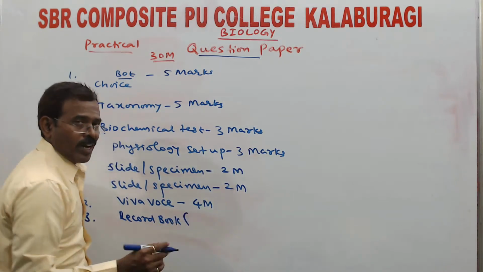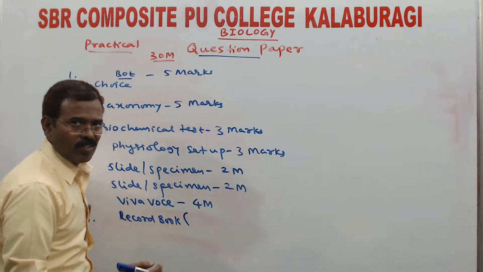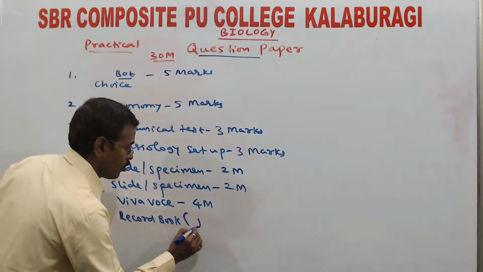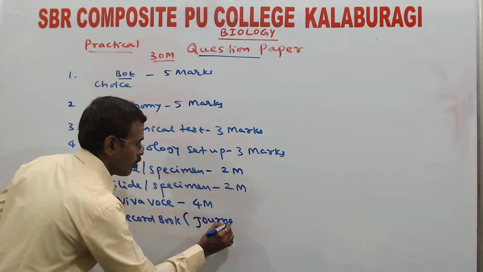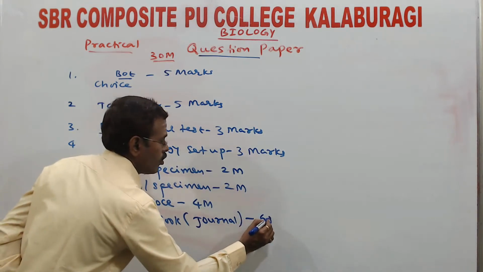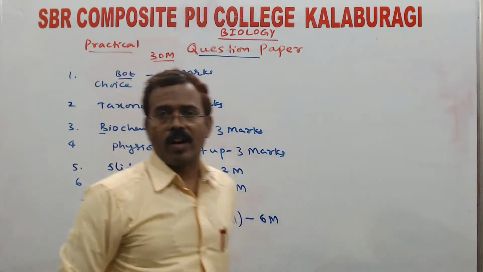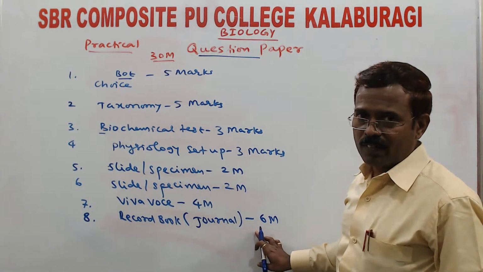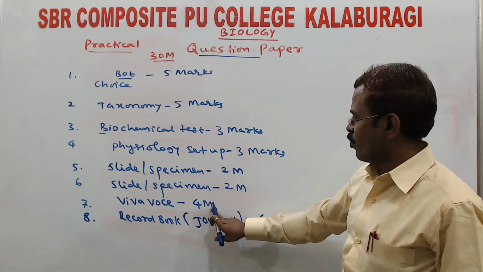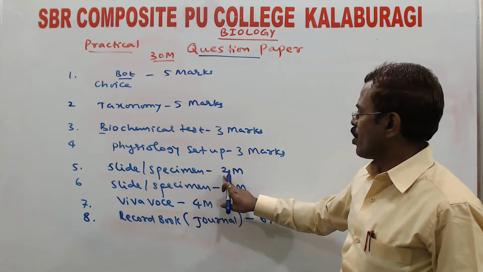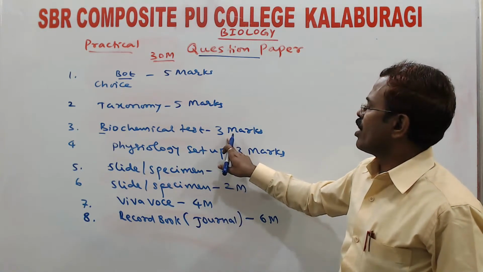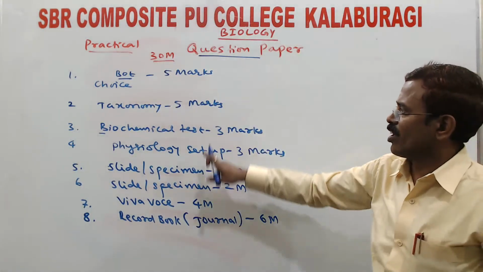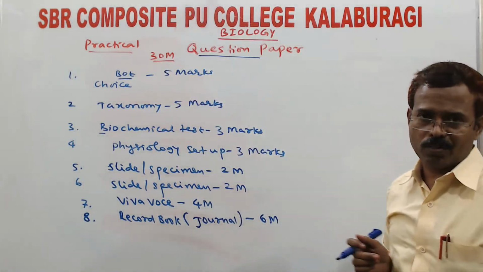We have to write the botany journal separately and the zoology journal separately. This is 6 marks, 3 marks for the botany journal and 3 marks for the zoology journal. This is the practical exam question paper pattern, 30 marks.